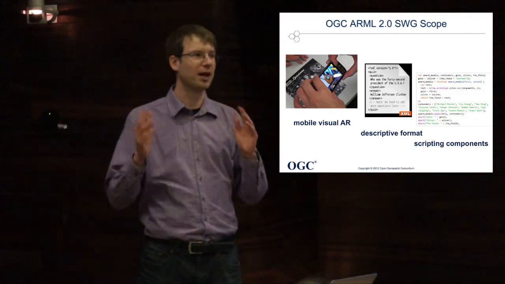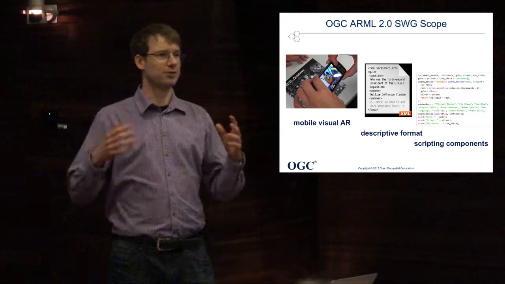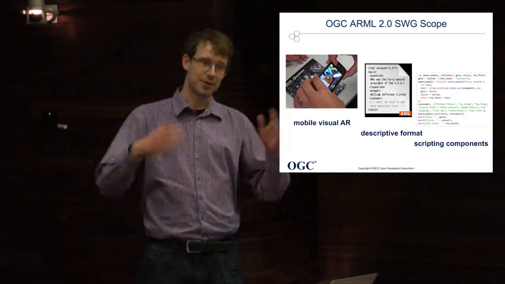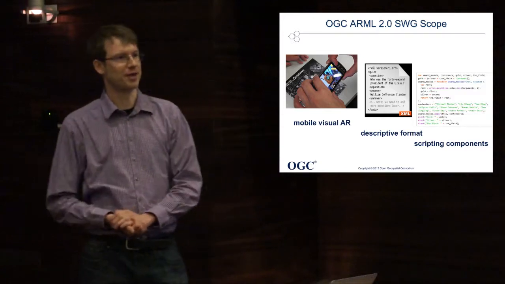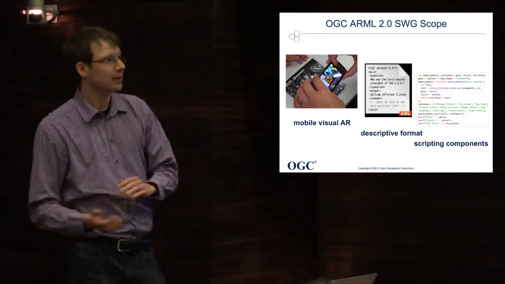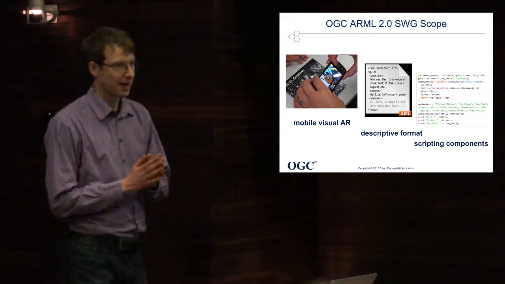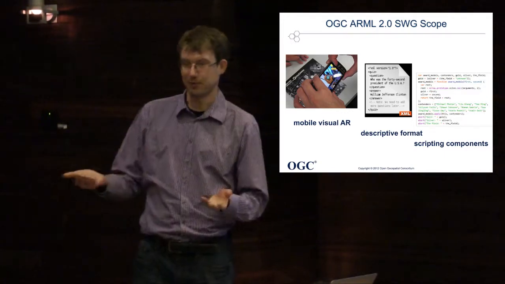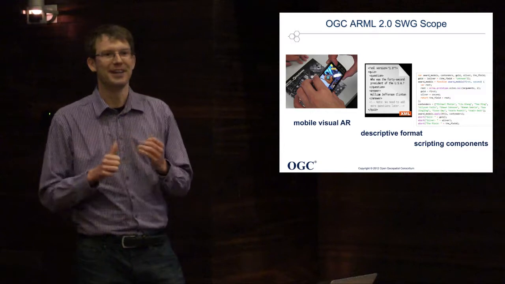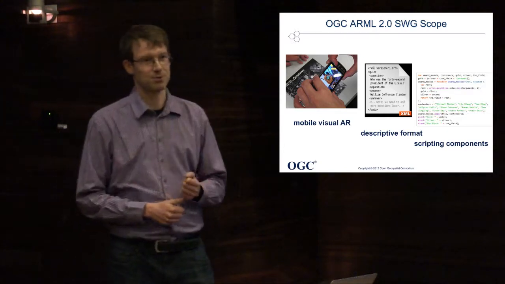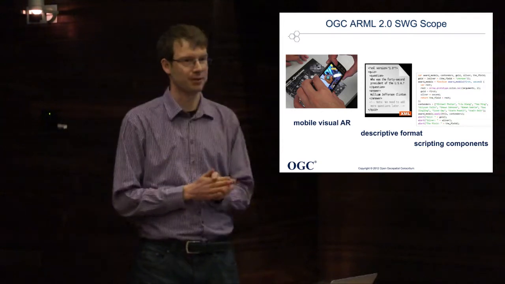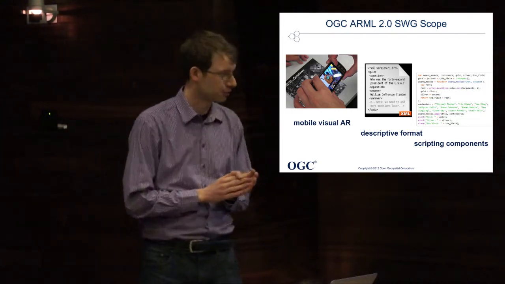Basically, we wanted to allow a developer to describe augmented reality scenes, the objects, where they are in the scene, how they behave, and we wanted to focus that on mobile visual AR. Mobile means that you're on a mobile device. It doesn't necessarily have to be a smartphone, might be a tablet, but most likely will be some kind of these devices.